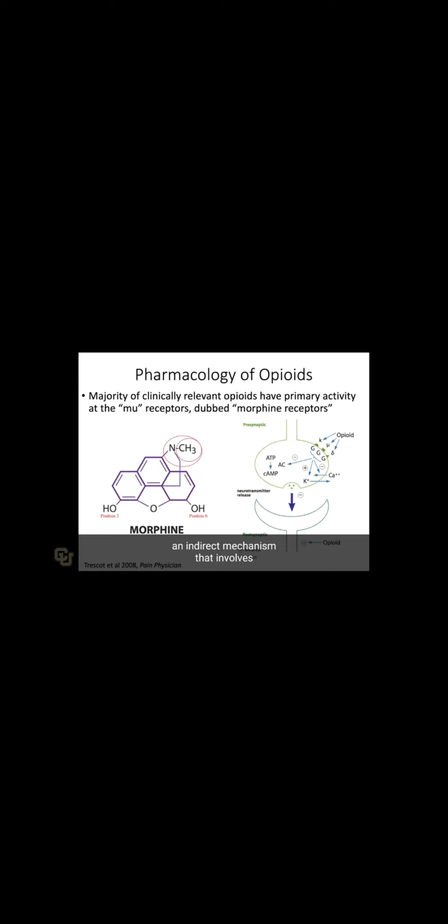So basically, the opioids are inhibiting the release of GABA, which then in turn releases other neurons from GABA inhibition. It's a little bit complicated, but essentially what is happening here is opioids are facilitating neurotransmission, and in particular dopamine neurotransmission, up and down these reward pathways. And it's through an indirect mechanism that involves GABA.